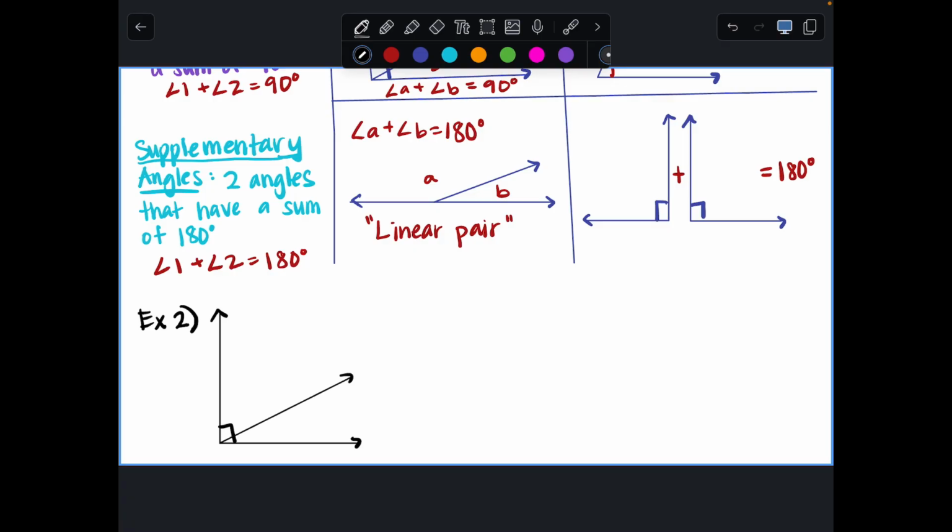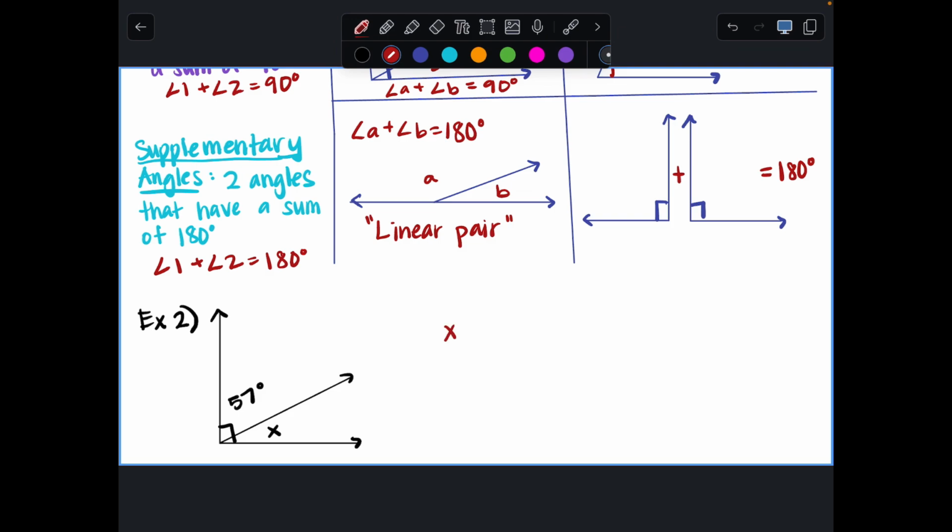So if I give you that the measure of this angle is 57 degrees, and this one is x, you know that they equal 90, and they are complementary, so you could write an algebraic equation to solve for this.